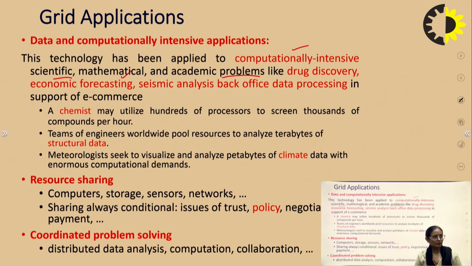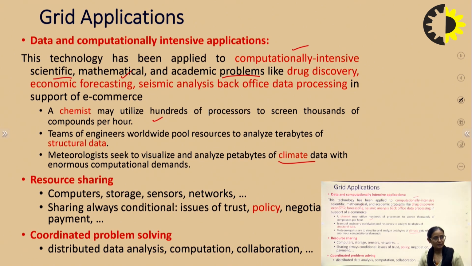For example, a chemist may utilize hundreds of processors to screen thousands of compounds per hour. Teams of engineers worldwide pool resources to analyze terabytes of structural data. Meteorologists seek visualization and analysis of data in petabytes, that is, climate data with enormous computational demand.